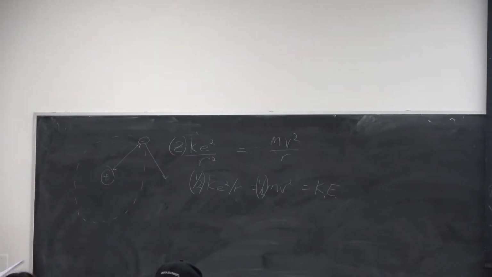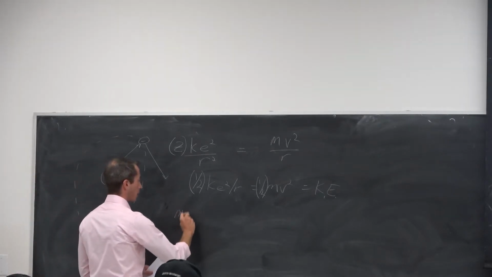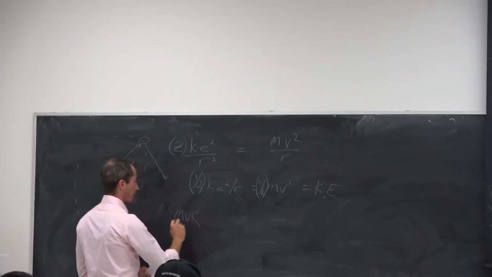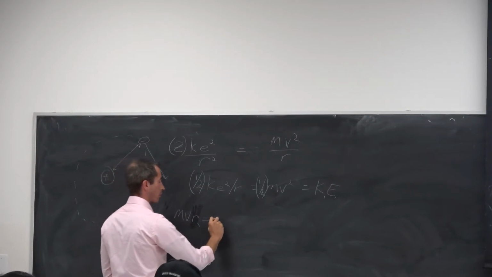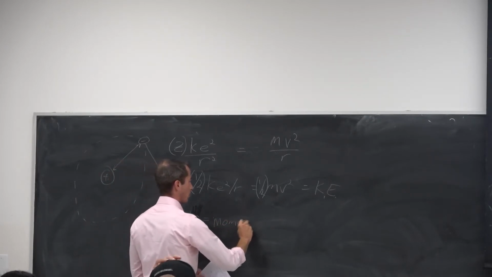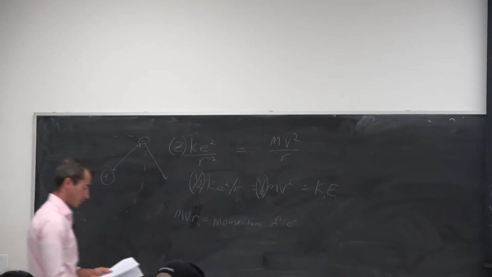The other way of thinking about this is the momentum of the electron. That is mass times velocity times the radius. I should be consistent with my r's. Momentum of electron.